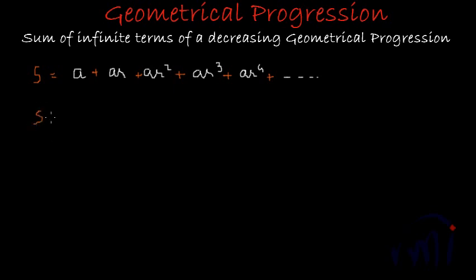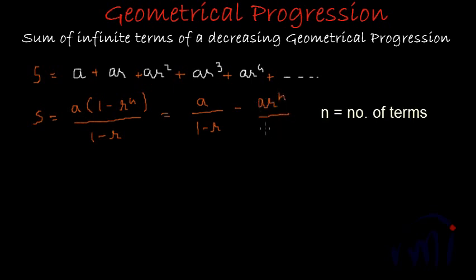The formula was s equal to a multiplied by 1 minus r to the power n divided by 1 minus r, right? This can also be written as a by 1 minus r minus ar to the power n divided by 1 minus r. This is just the modified form of this formula.